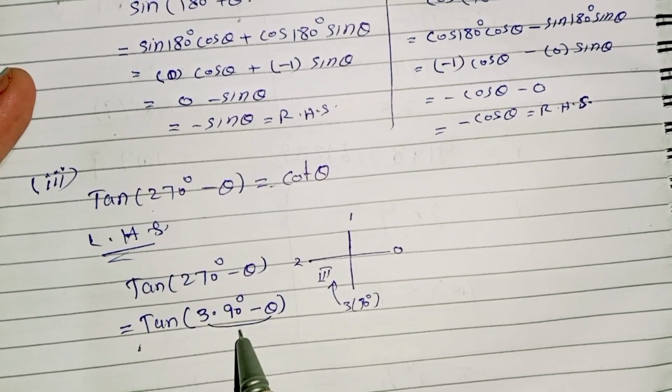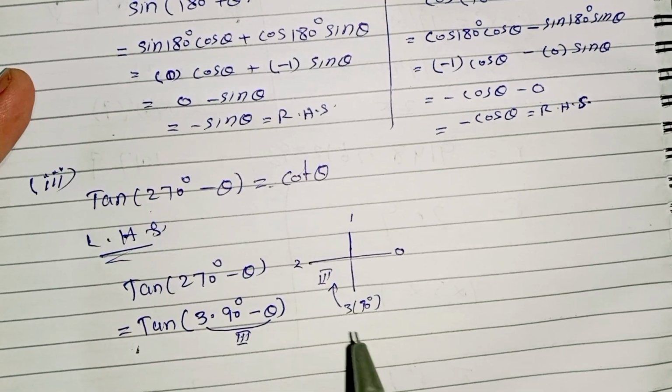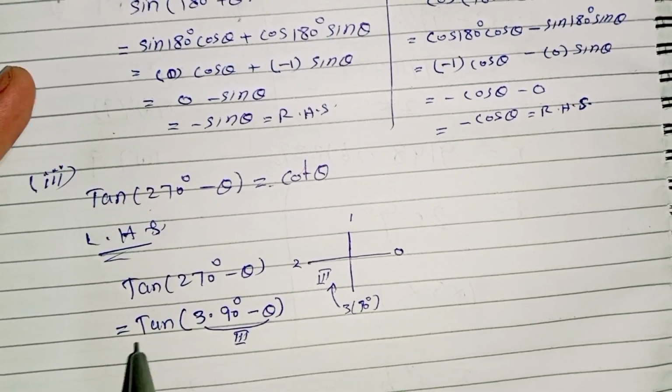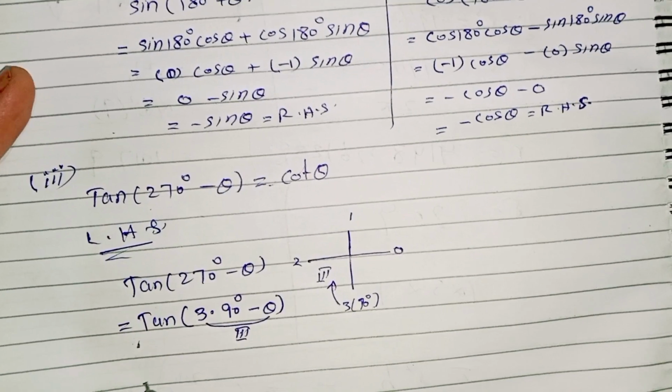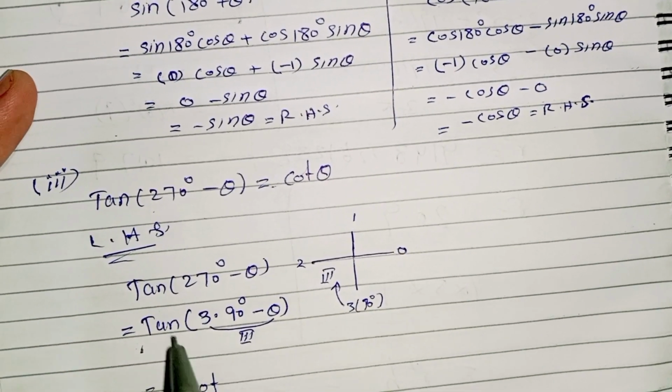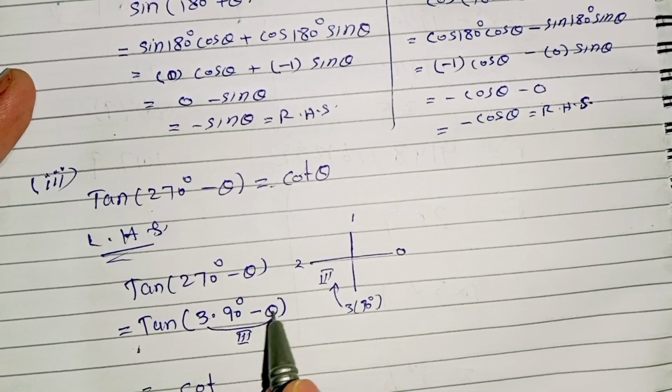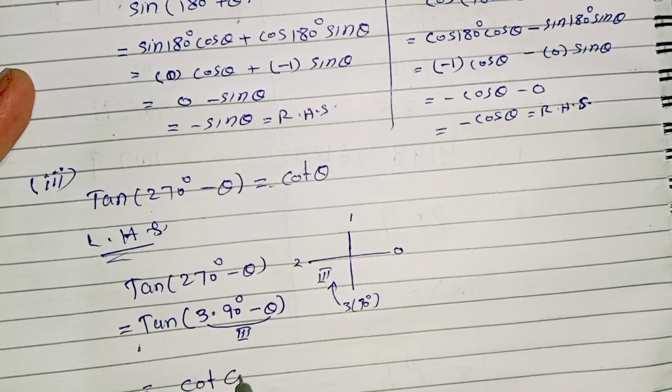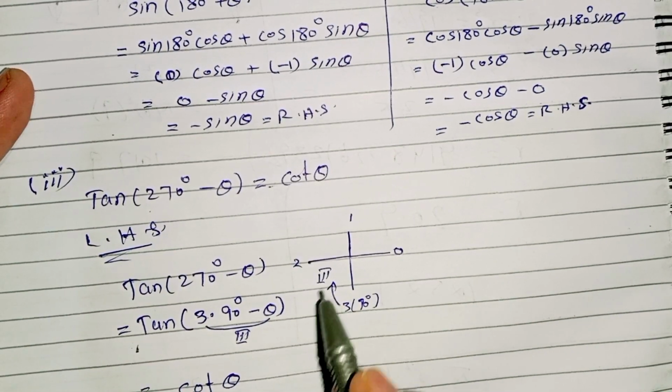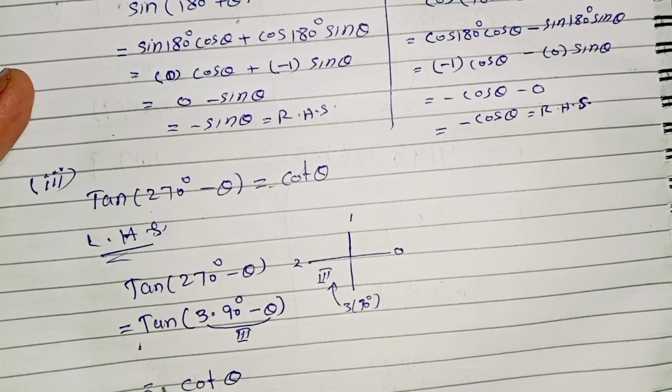In case of an odd multiple of 90 degree, the trigonometric function changes, and tan theta will be changed into cot theta, and in third quadrant tan theta is positive.